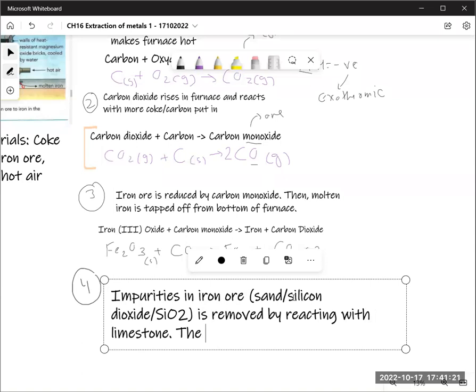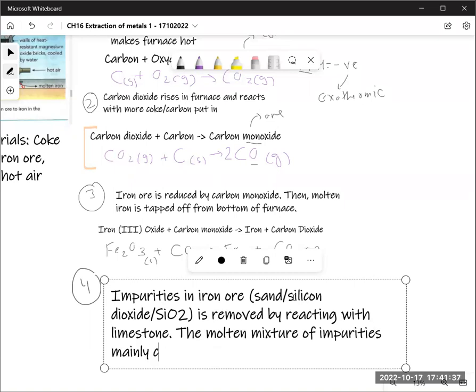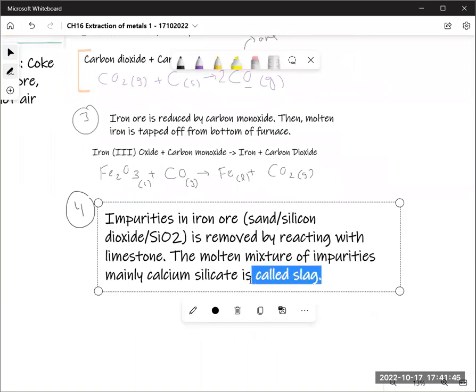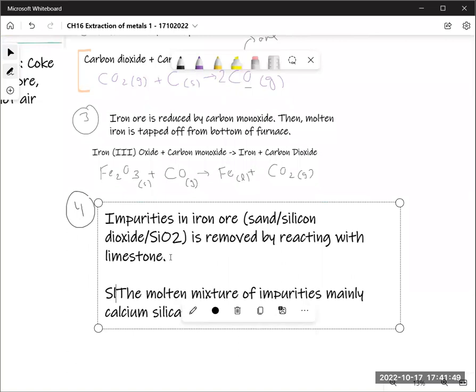The molten mixture of impurities, mainly calcium silicate, is called slag. Now the definition of slag is right here. Slag.